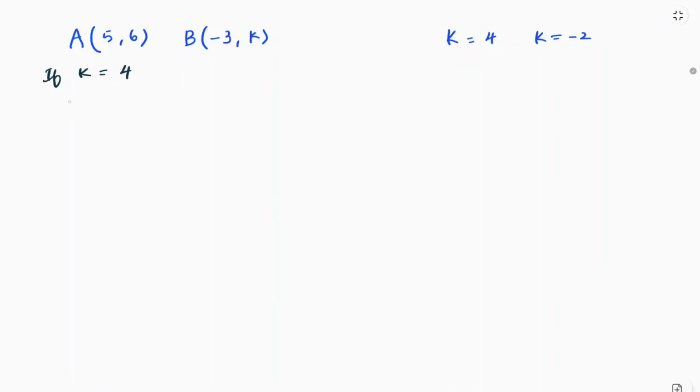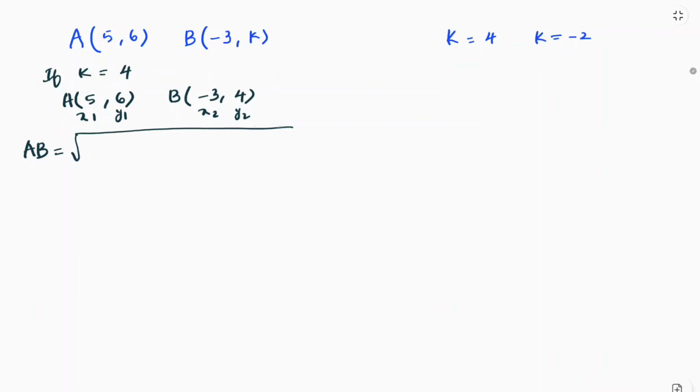If k is 4, then A will be (5, 6) as it is, B will be (-3, 4). Now this is x1, y1, x2, y2. Now I need to find the distance. So AB, under root, the formula is (x2 minus x1) whole square plus (y2 minus y1) whole square.